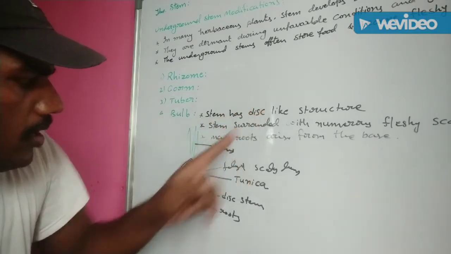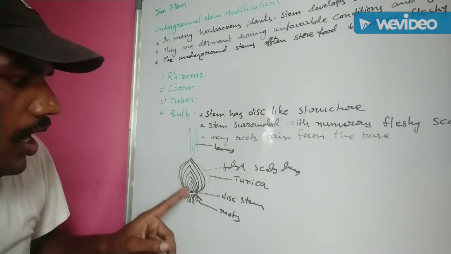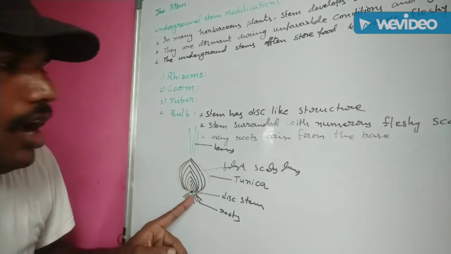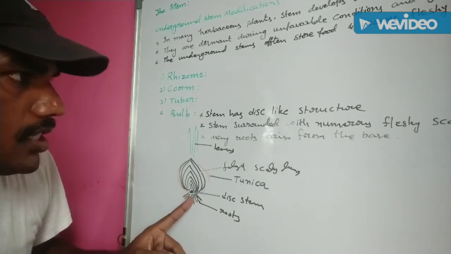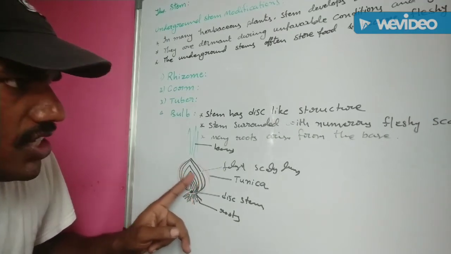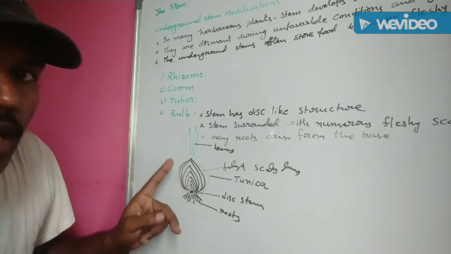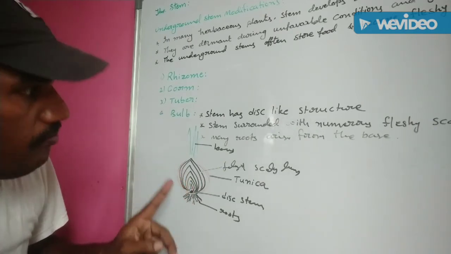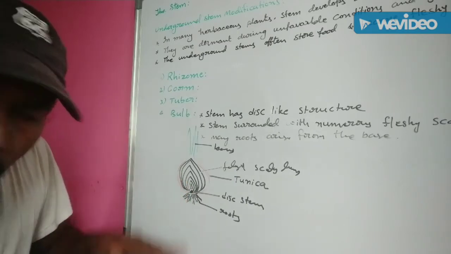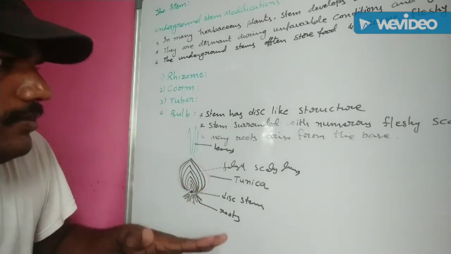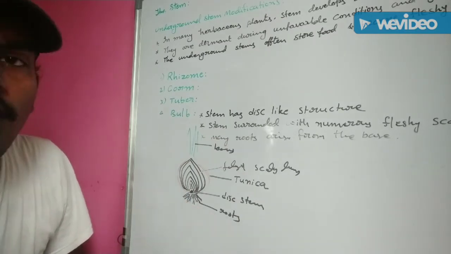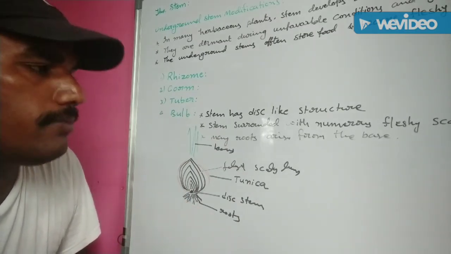In this, the stem is a disc-like structure, underground and with shunted growth. The stem is surrounded by numerous fleshy scaly leaves. They accumulate food materials and become fleshy, and many roots arise below the disc-like stem. Some adventitious roots are present at the base of the stem.